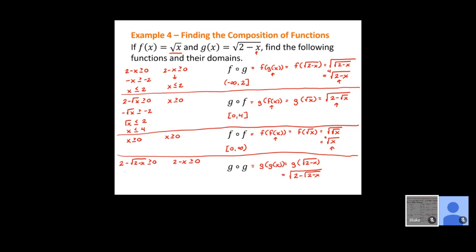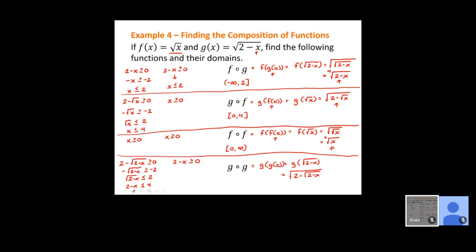Okay, so then if I solve this, we're going to have negative square root of 2 minus x greater than or equal to negative 2. Divide by the negative, so we end up with the square root of 2 minus x is less than or equal to positive 2. Square both sides, 2 minus x less than or equal to 4.